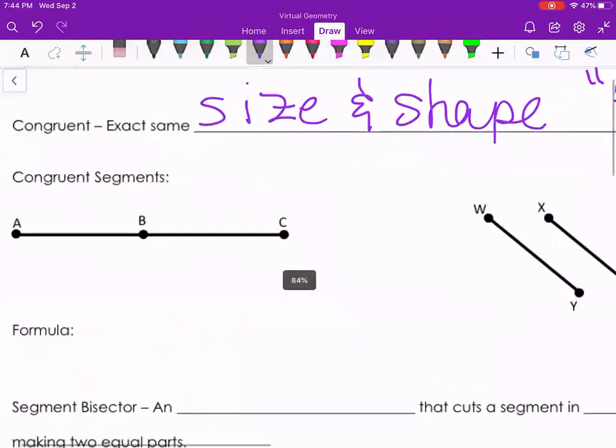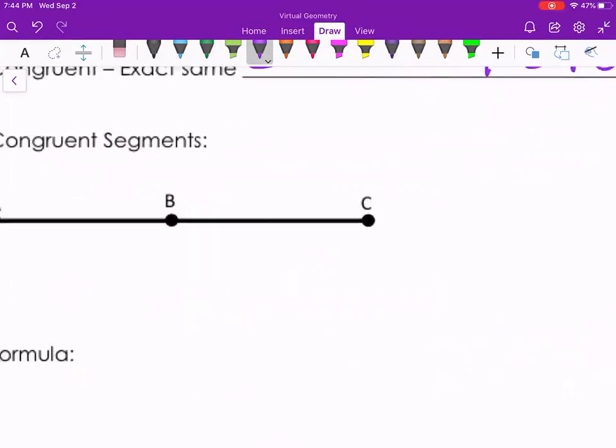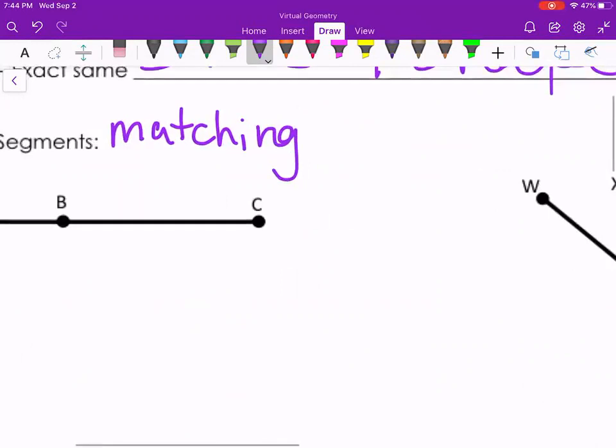So let's talk about how segments can be congruent. What do we look for? Well, when it comes to the figures and the pictures, we need to find matching numbers of dashes, meaning they need to match in how many there are. So 1 dash each. Look for ones with 2 dashes each or 3 dashes each. They need to match.